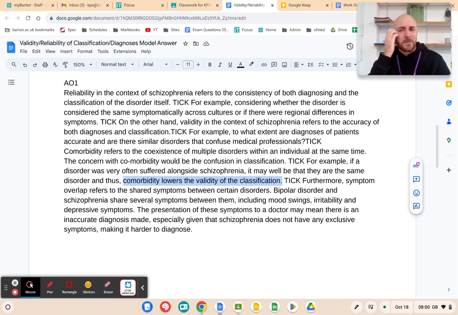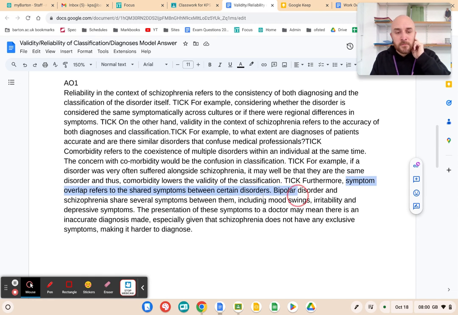If you're confused about what classification is, it's basically what symptoms go in the DSM. How are we classifying schizophrenia? What is schizophrenia? The reason why comorbidity lowers the validity of the classification is because if depression and schizophrenia keep coming up together, maybe they're actually the same thing, and the symptoms in the book are wrong. So comorbidity lowers the validity of the classification.